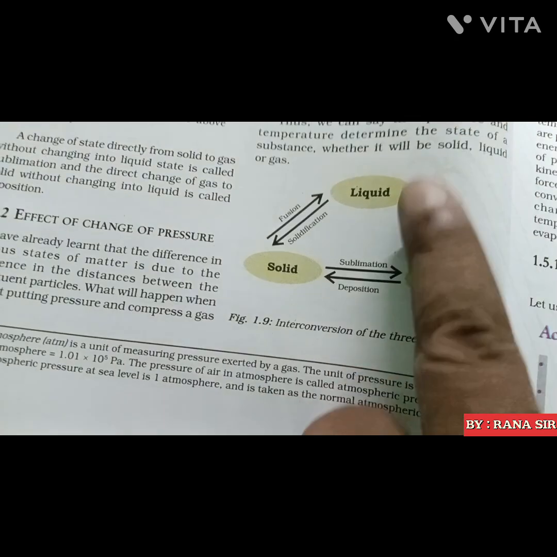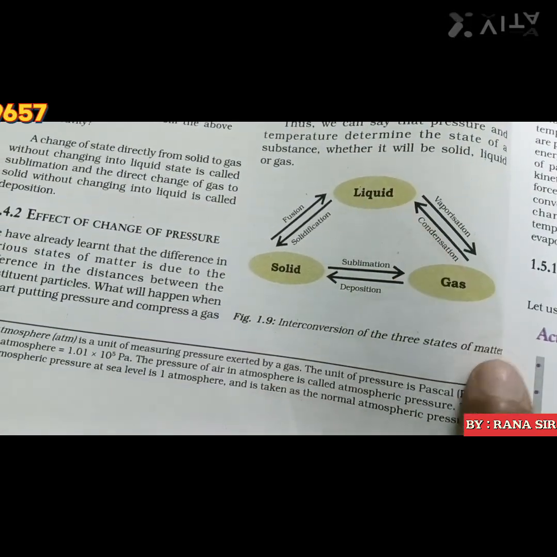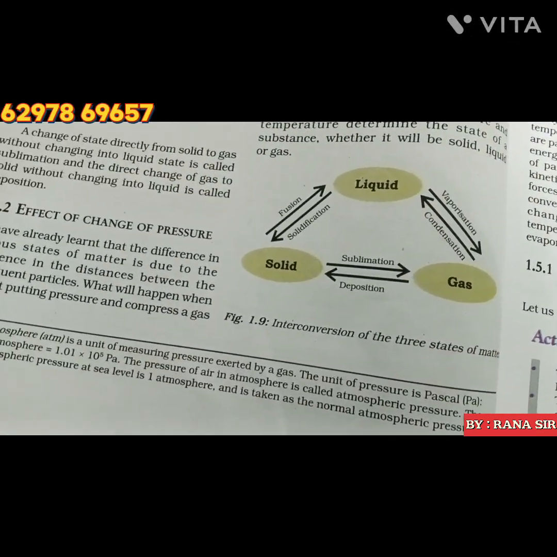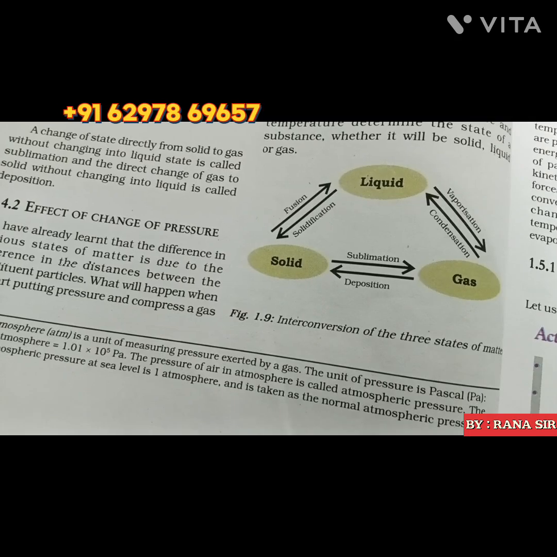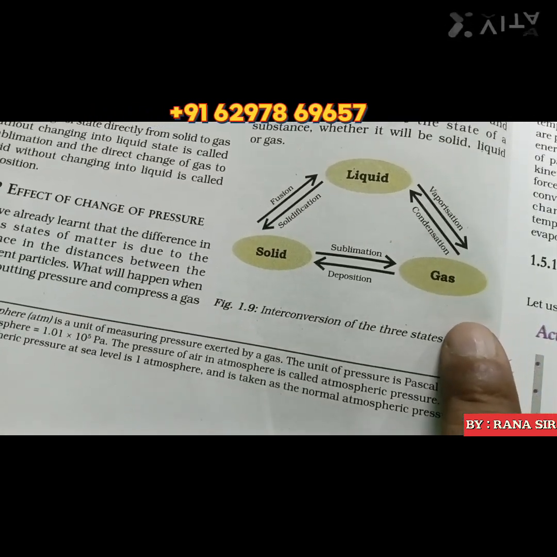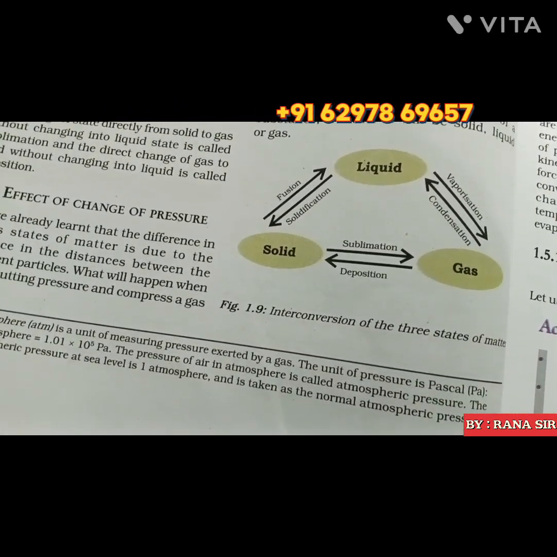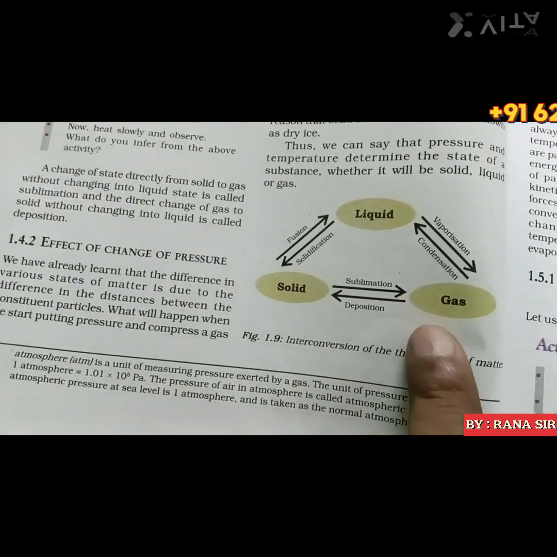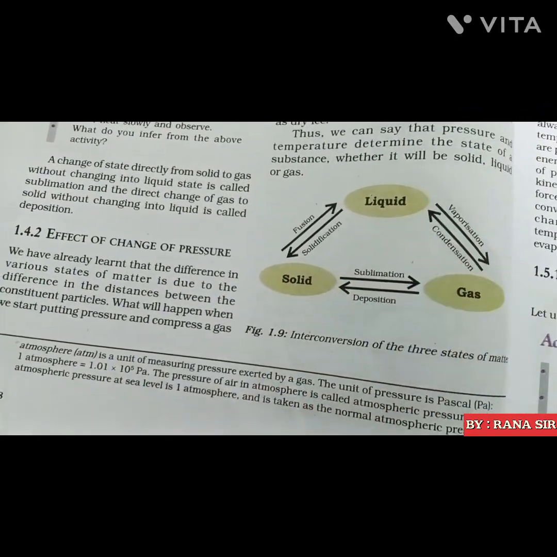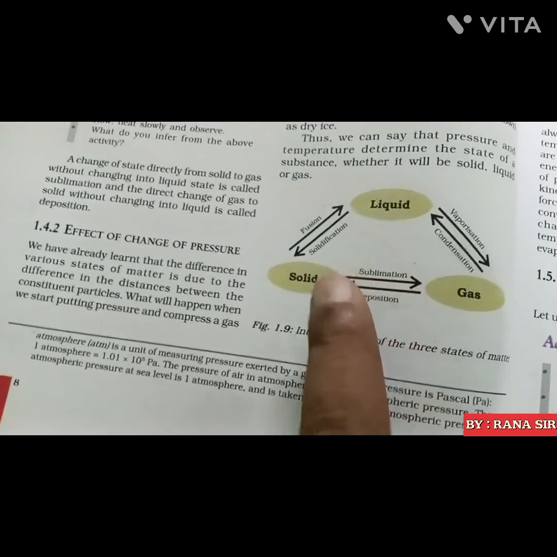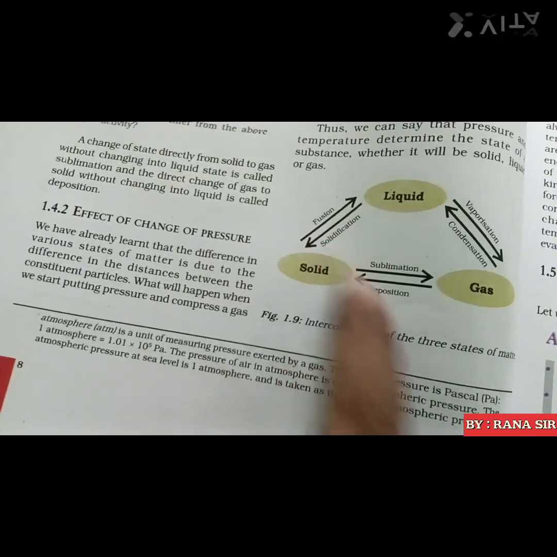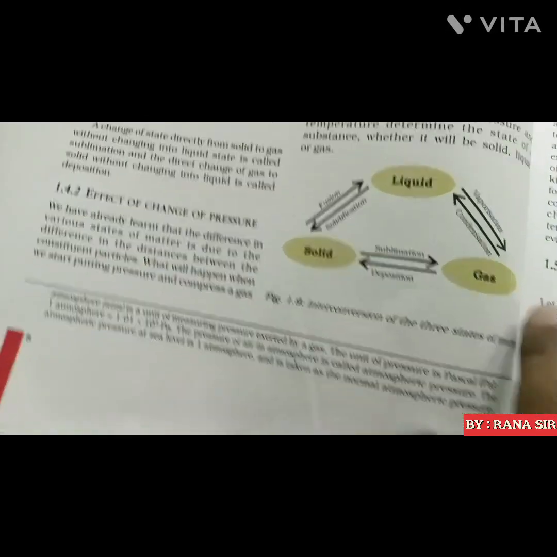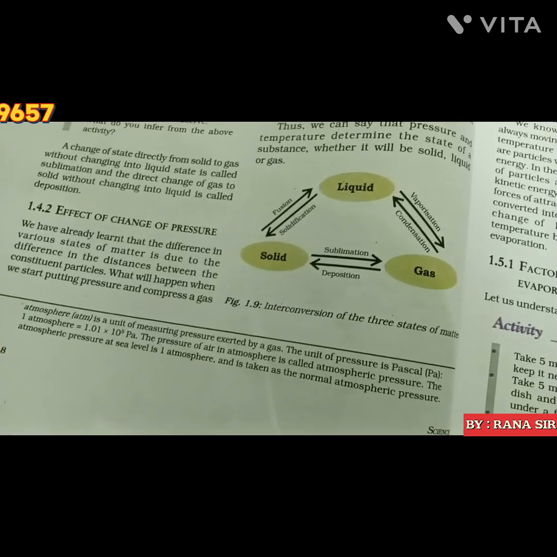When liquid is heated and changed to gas, it is called evaporation. When gas is cooled and comes to liquid, it is called condensation. I said condensation here, it is solidification when liquid changes to solid.